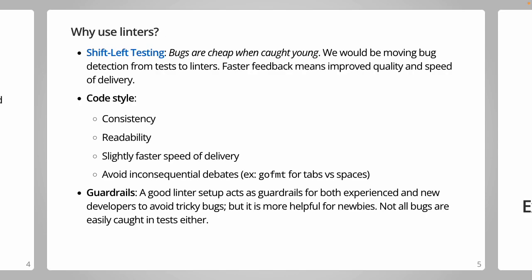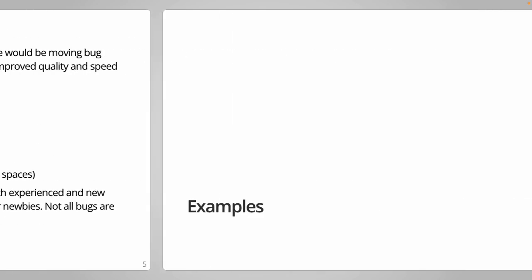Also, one thing I want to call out is that some of these linters are able to catch issues which you might not have caught in tests either. They're not directly related to functionality sometimes. I'll talk about that when I go through the examples.